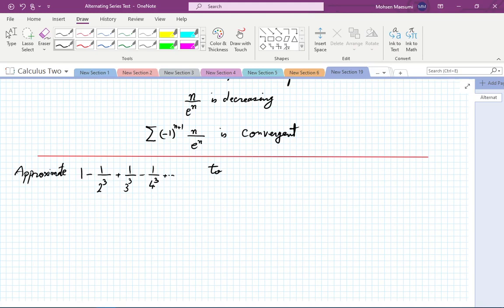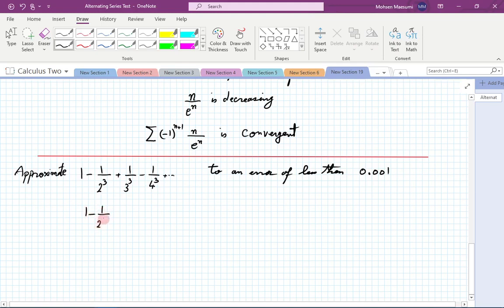So you say to an error of less than, let's specify some number like 1 in 1,000. We want to have an error of 1 in 1,000. That is our aim.